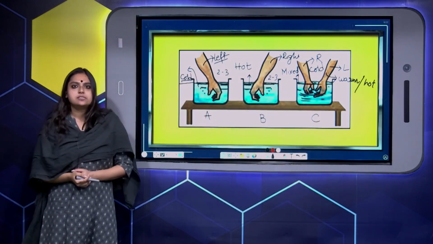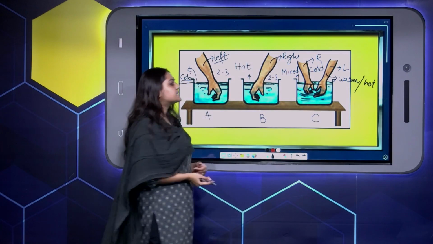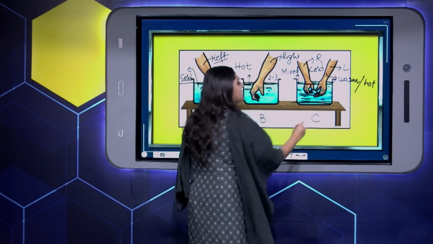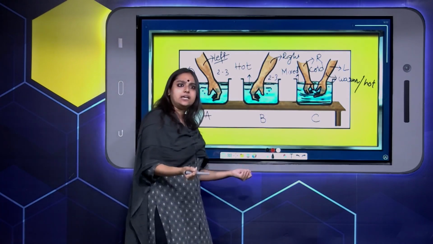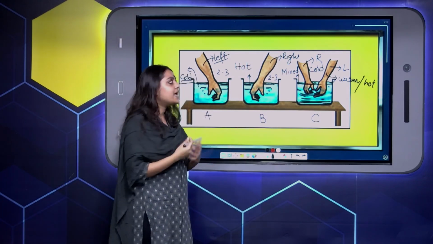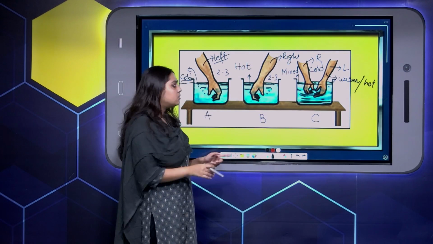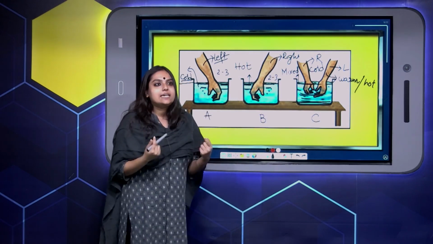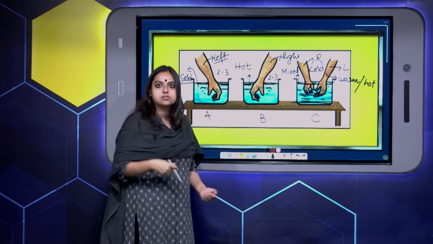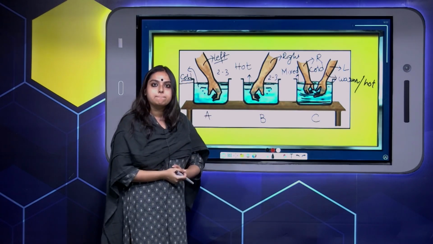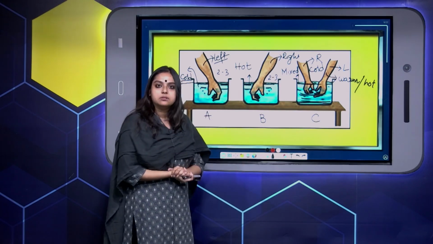Now you will be amazed to find that it is the same water, but two hands are feeling differently. Why is it so? So, we are not getting a correct measurement of hotness or coldness. So, what can be done?